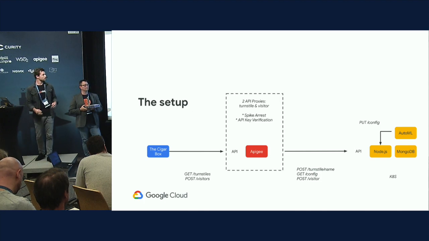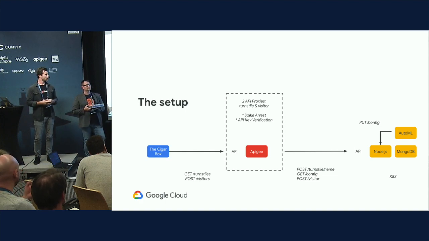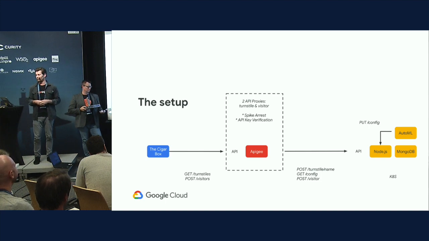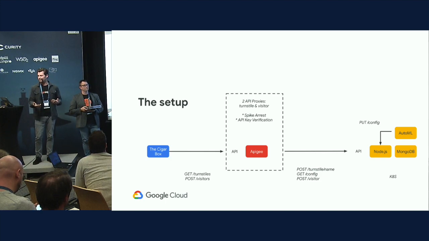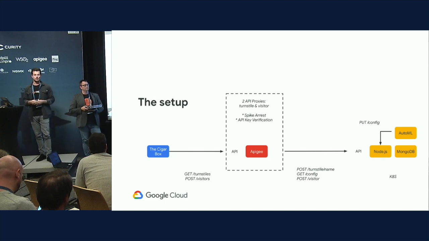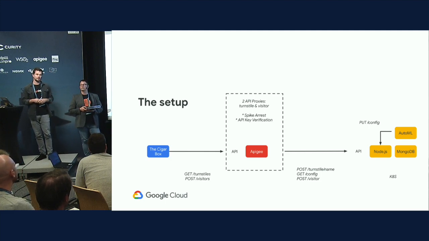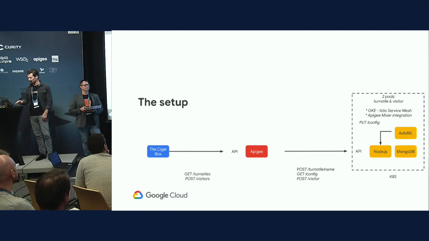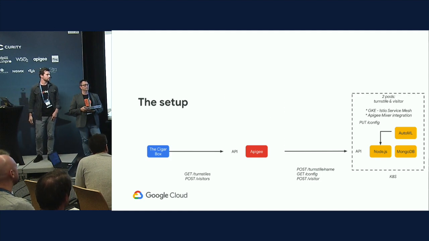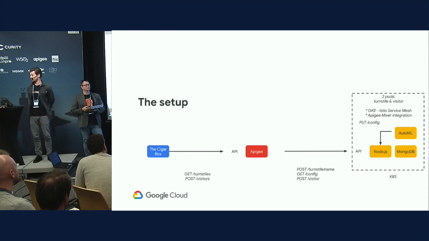On Apogee, and we will demo this later on, we have two API proxies, and they are guarded with Apogee for a spike arrest to make sure there are not too many visitors coming by. There's also an API key verification where we check the key of this specific cigar box turnstile, protecting the API in a sort. Then we forward that into this service mesh, which is running on Kubernetes with Istio.